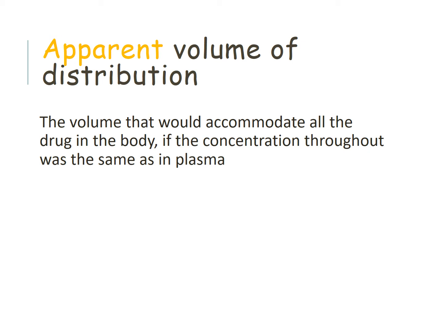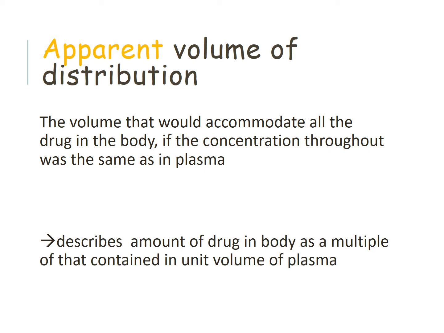That's why it's known as an apparent volume of distribution, the volume that accommodates all the drug in the body if the concentration throughout was the same as in the plasma. So we consider the concentration of our plasma and our body to be the same, and the total volume needed to accommodate that drug is known as apparent volume of distribution.